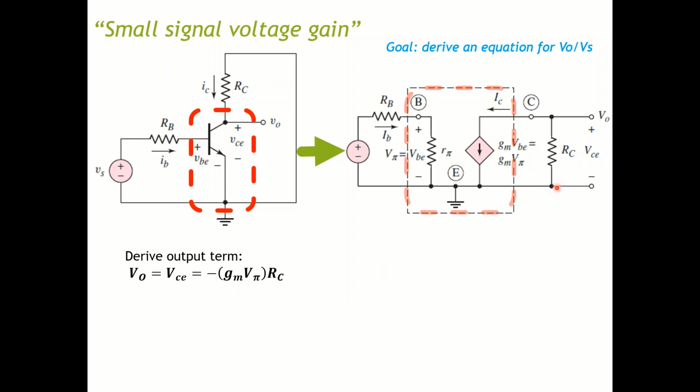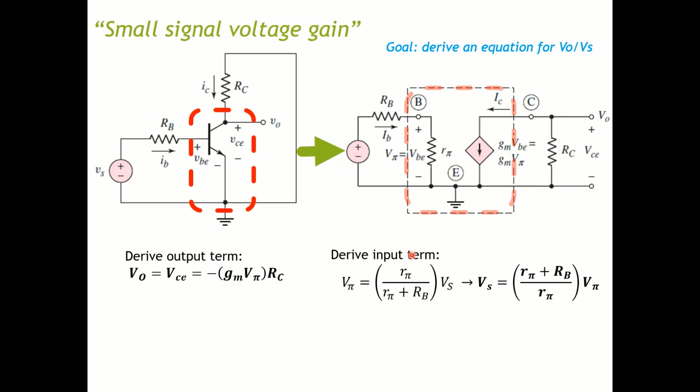Basically you can use Ohm's law: the voltage equals current multiplied by resistance. Apply a little bit of voltage divider on this resistance right here to get the term for V pi. Please note that the term VBE can also be represented as V pi in this equivalent model for the phasor notation.